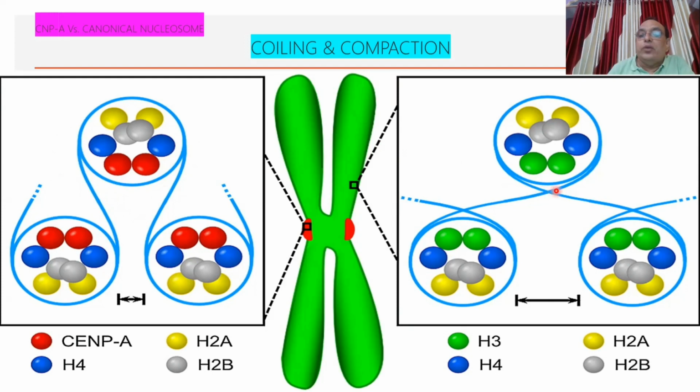Had it been tightly noosed, as in this case, the entry of proteins would be hindered, would be inhibited, but here entry of proteins will be facilitated. It will allow easy access to the proteins, and you know that attachment of those proteins is necessary for the centromere to act as a nodal point for the attachment of the kinetochore and subsequently attachment of spindle fibers to it.